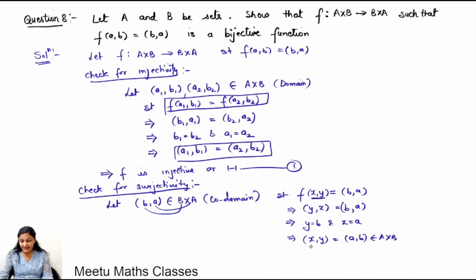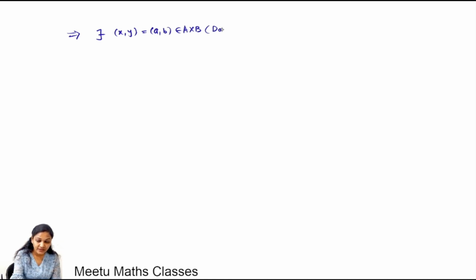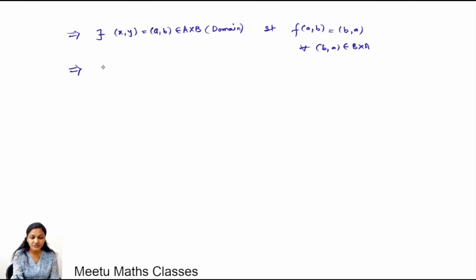So we get an element (x, y), that implies there exists an (x, y) equal to (a, b) belonging to A cross B, that is the domain, such that f of (a, b) is equal to (b, a) for all (b, a) belonging to B cross A. That implies your function f is surjective, or onto.